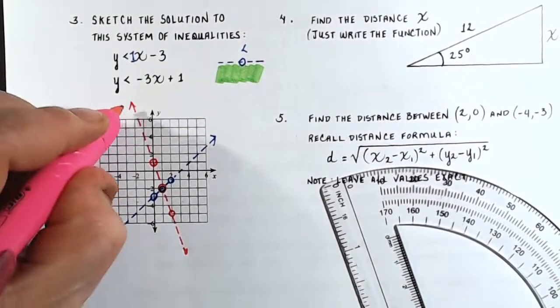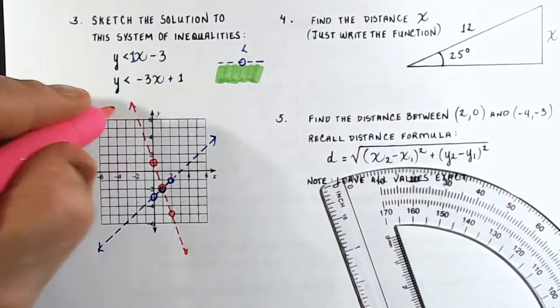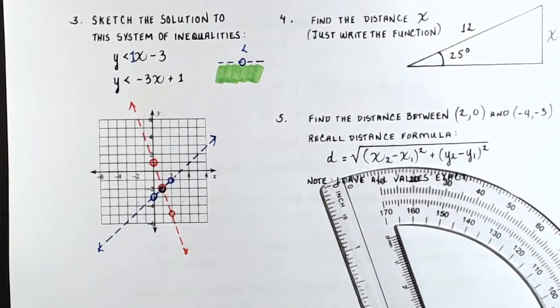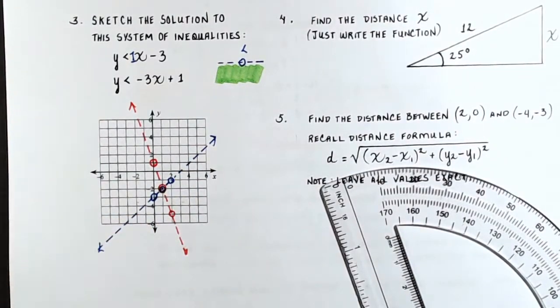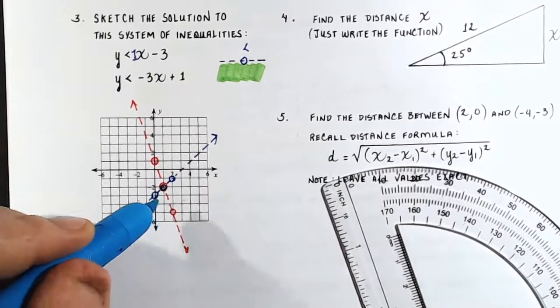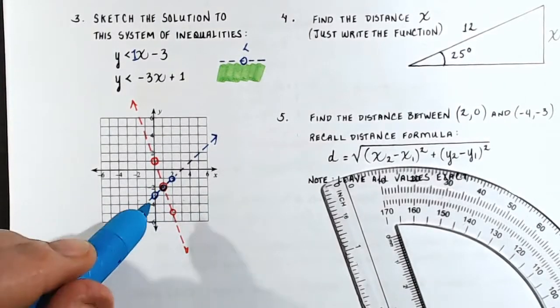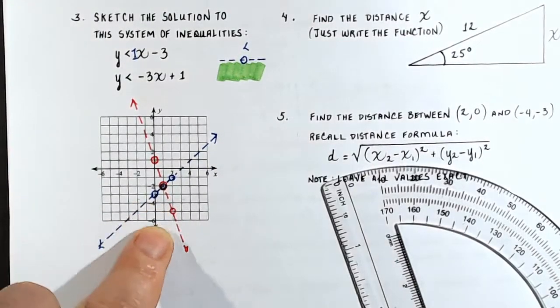Here, beneath this red dotted line, I would shade everything below the line and to the left. Beneath this blue line, I would shade in blue everything below the blue line and to the right. Notice that there's only one region of this graph where I would shade both of my inequalities, and that would be in this region right here.